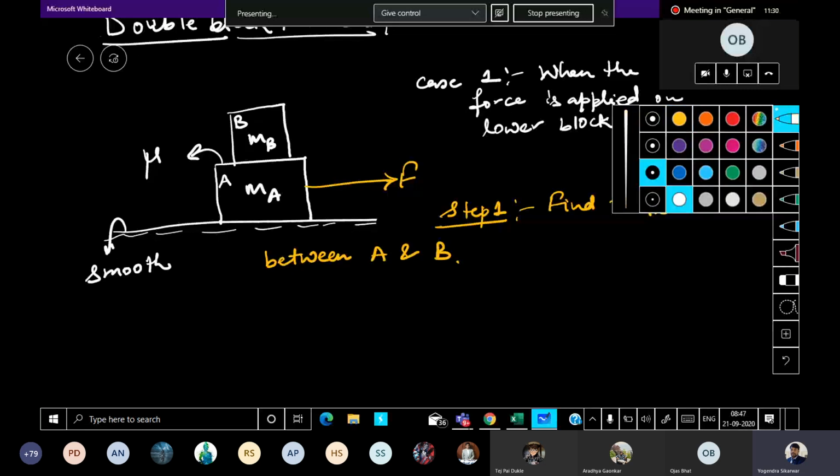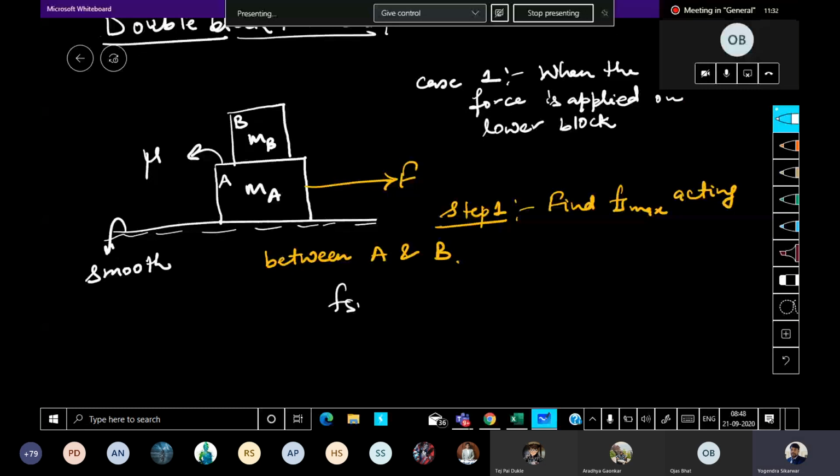That Fs max will be mu into NAB, and that will give us Fs max.